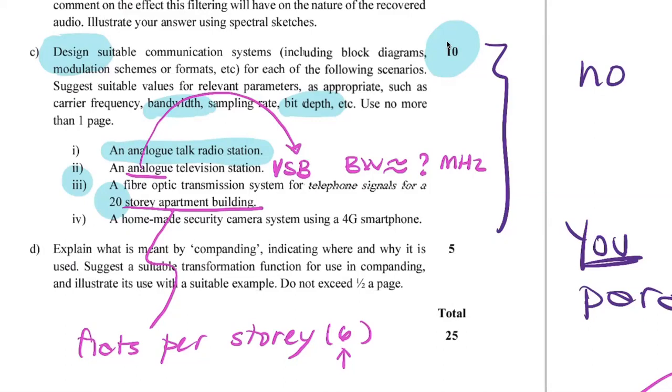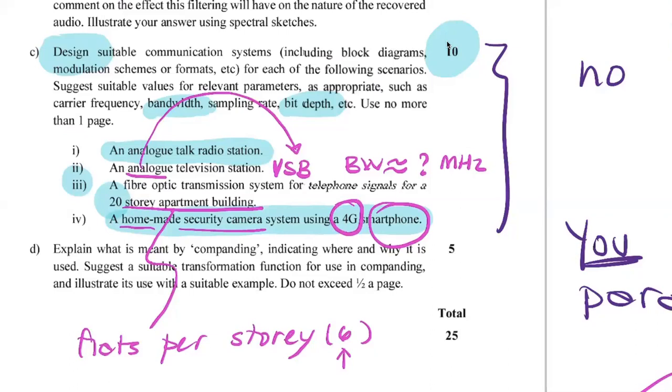The same with this question here about a 4G smartphone. You need to have some idea about 4G data rate, some idea about what the resolution of a camera will be. When it's a homemade security camera system, you need to think whether it's a duplex or a simplex system. Is it just one way uploading, or uploading and downloading?